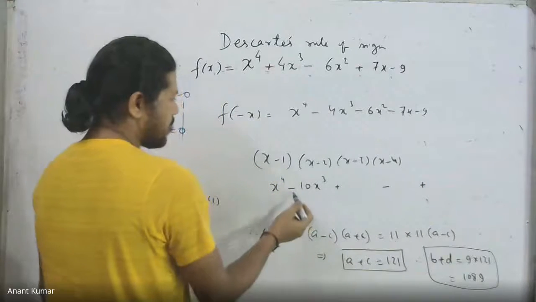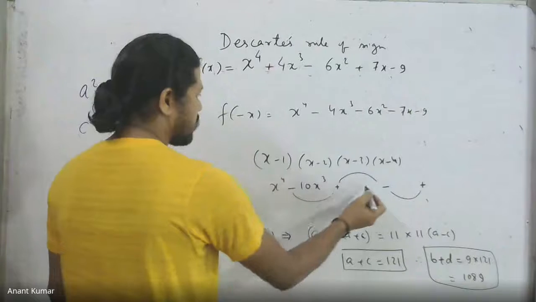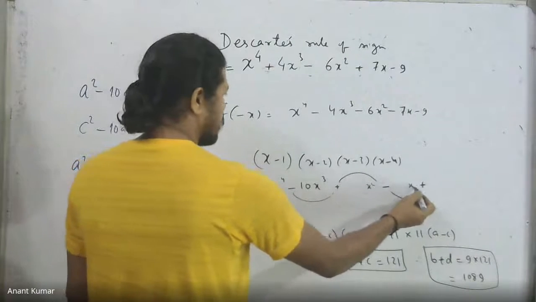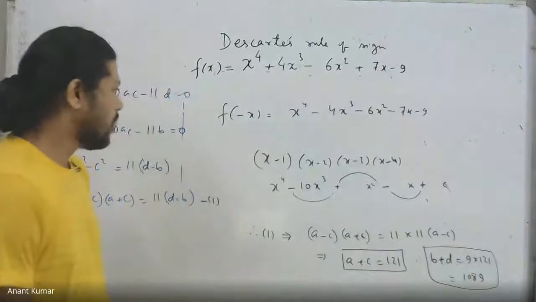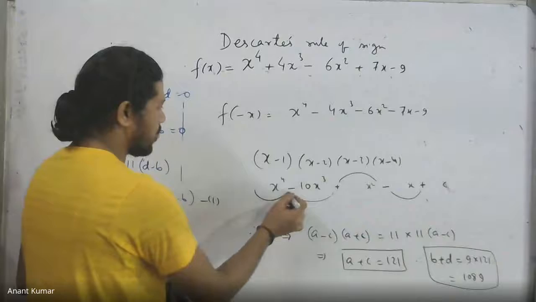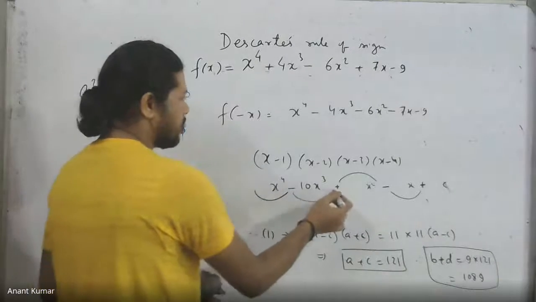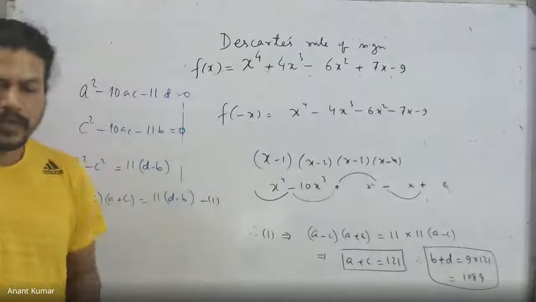So there is a sign change, and the x term will be over here, and there's one constant term present. So in this case the number of sign changes actually is 4: plus to minus, then minus to plus, plus to minus, minus to plus. The 4 sign changes give us a maximum number.